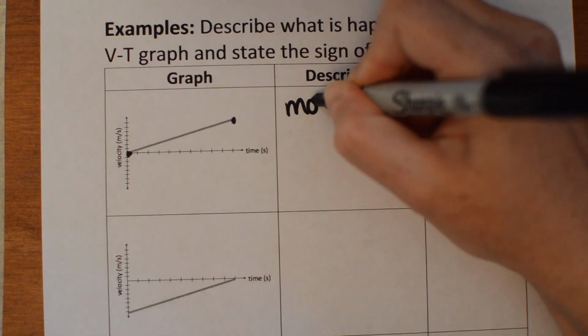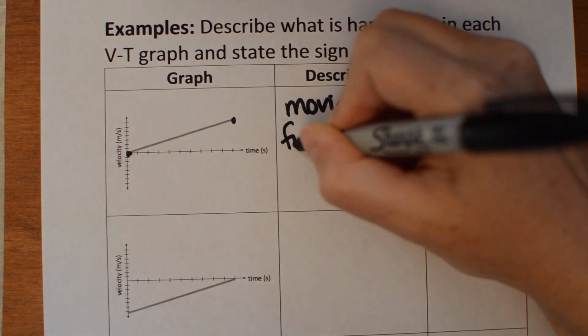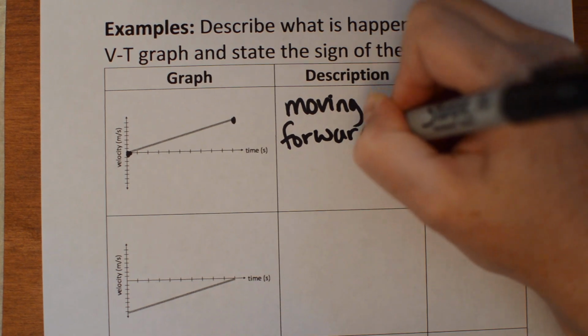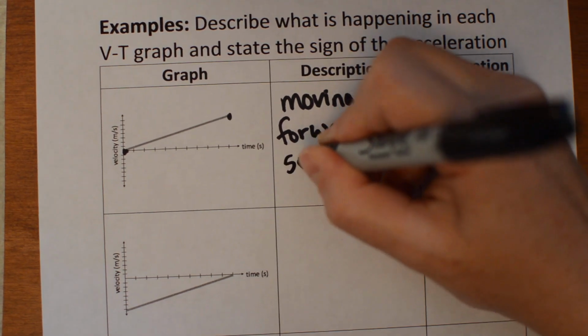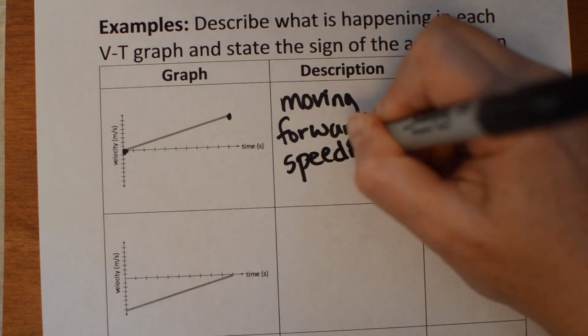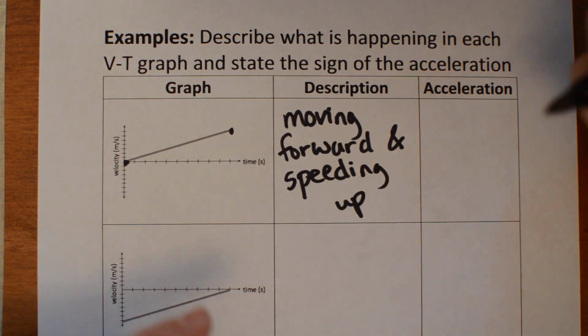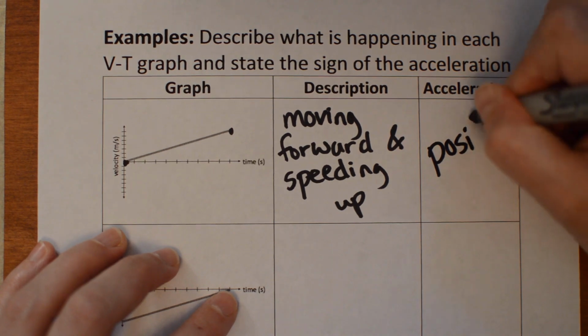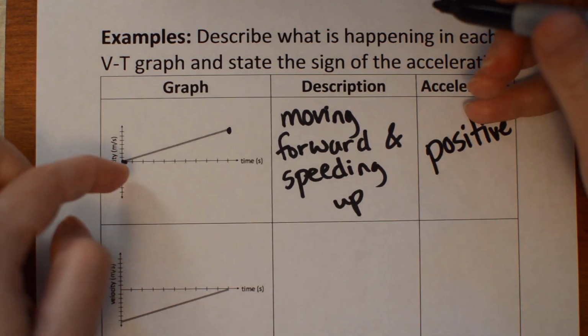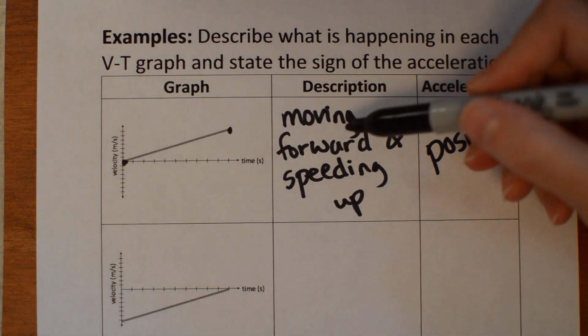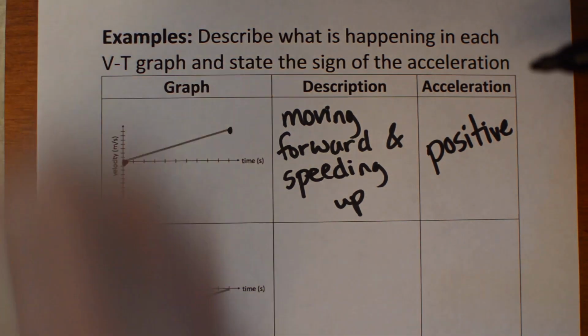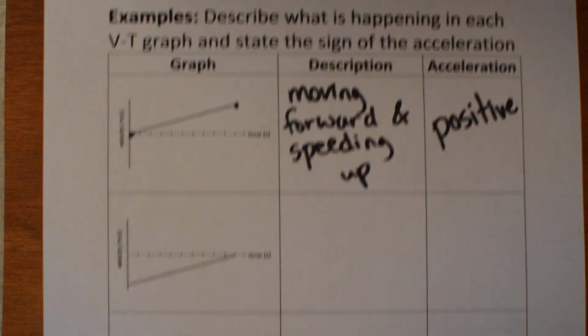So we're moving forward, and we are speeding up. In this case, the acceleration is positive. You can see that that has a positive slope. Also, speeding up in the forwards direction, that's going to be a positive acceleration.